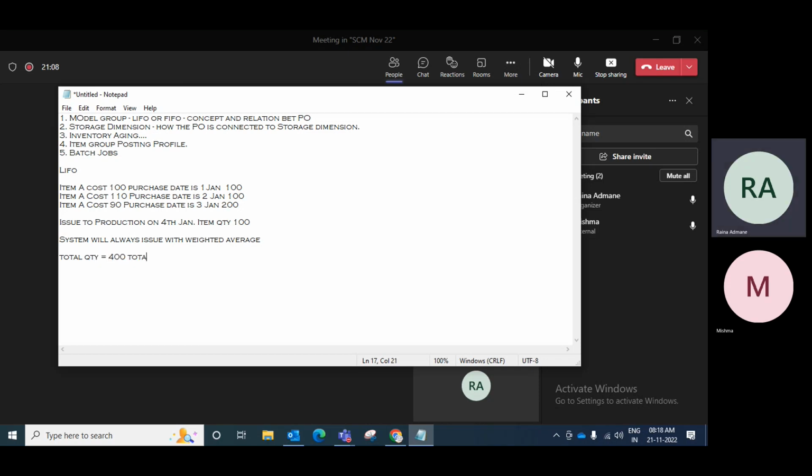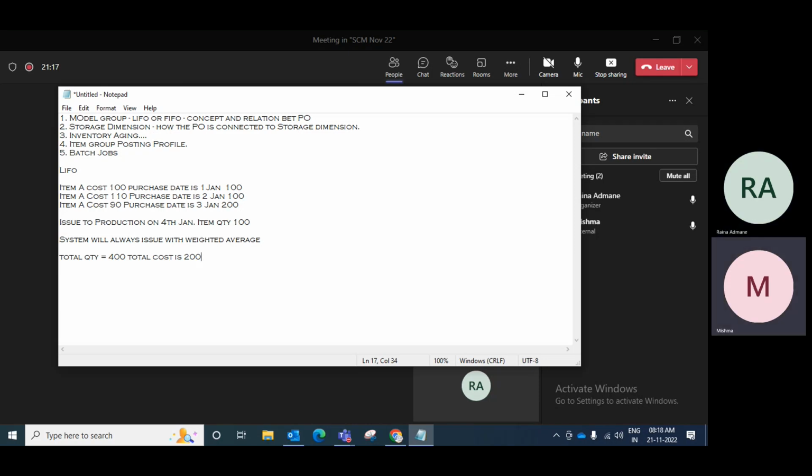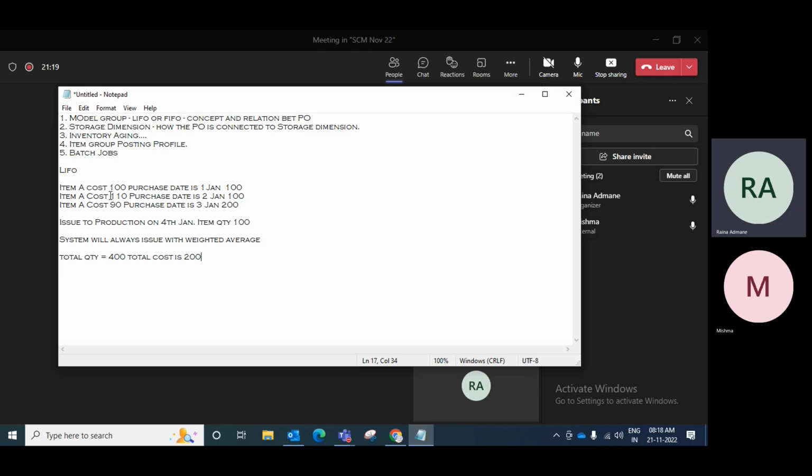Total cost is the sum of all this: the quantity is 400 and the cost is 100 plus 200. Cost is not 100, it is 300. Cost is 300: 100 plus 100 is 200, and then 300. Cost is 300 for this 400 items.